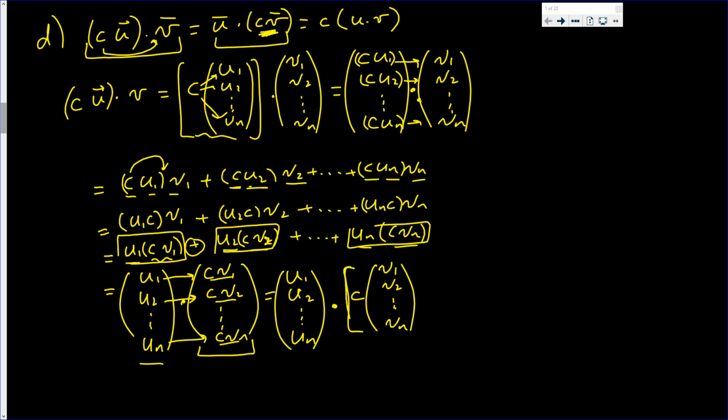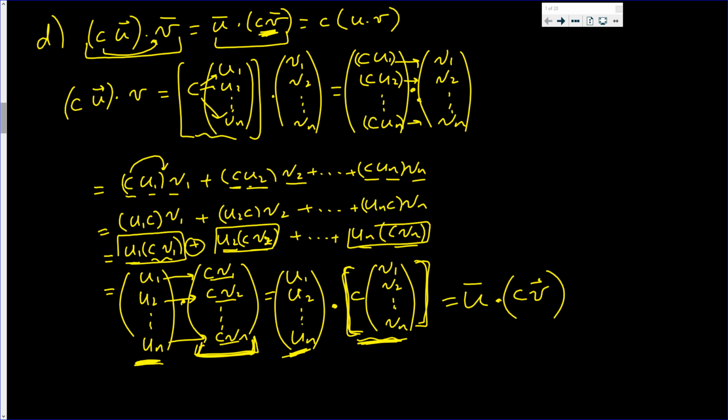So what's in this bracket here is this. It's u, dotted with this. Here's my u, and I'm dotting it with that. Like I said, this vector is u, and I'm dotting this with what's in the big brackets, which is c times v.